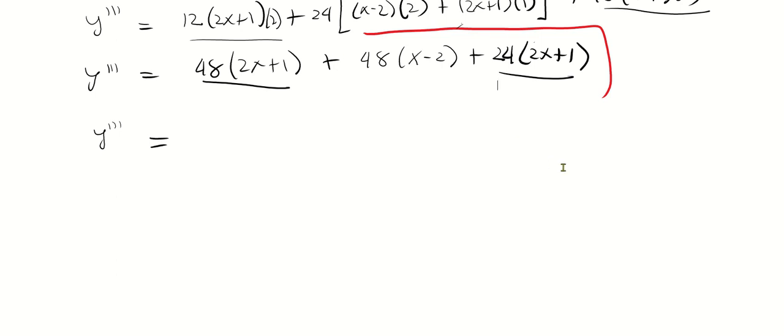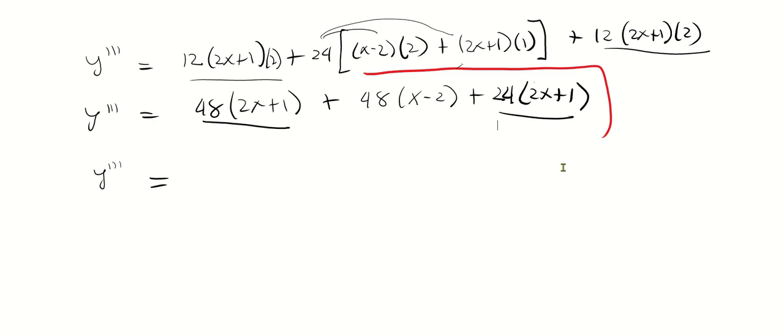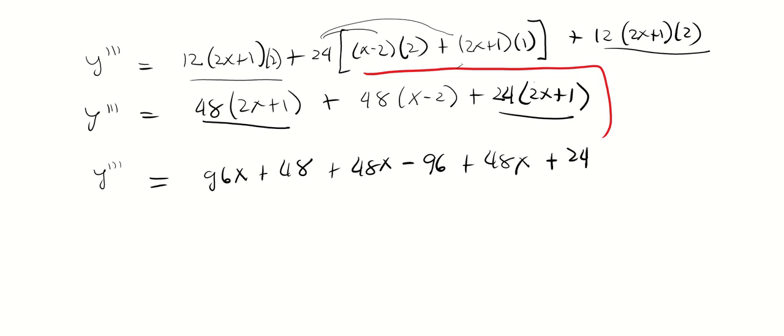So 48 times 2, that's 96. This is 96x plus 48 times 1, so 48. Then plus 48x minus 48 times 2, it's 96. Plus 24 times 2, it's 48x plus 24.